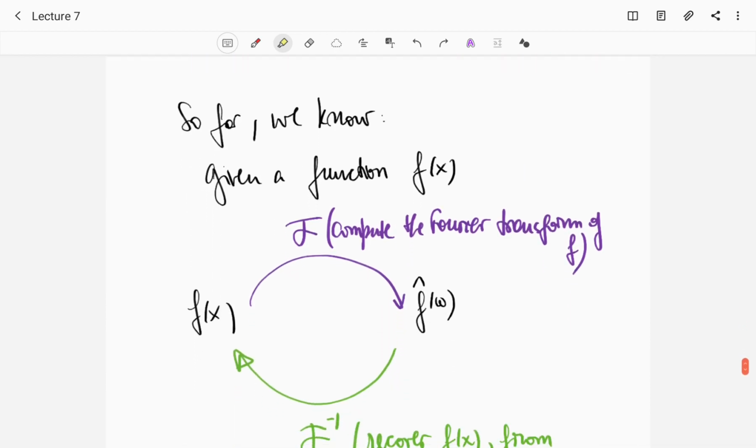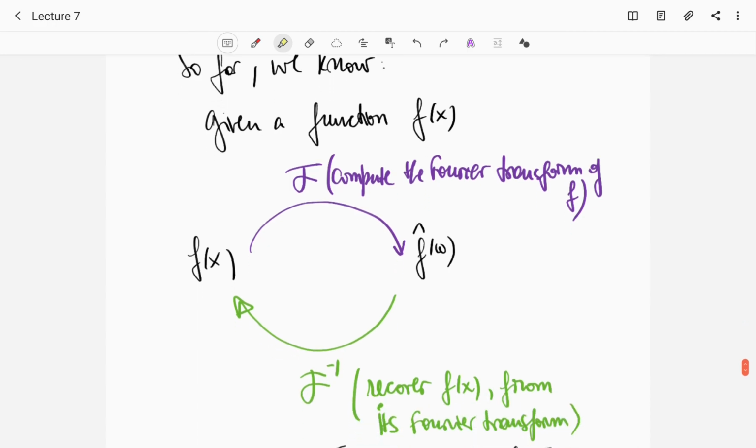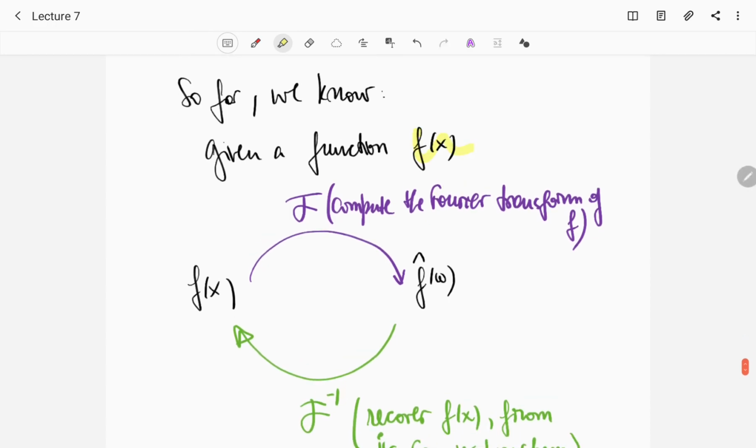So far we know that given a function f of x, we can Fourier transform it to get this hat f of omega, and once we have this, we can anti-Fourier transform it, which we just call inverse Fourier transform it, to get back our f.